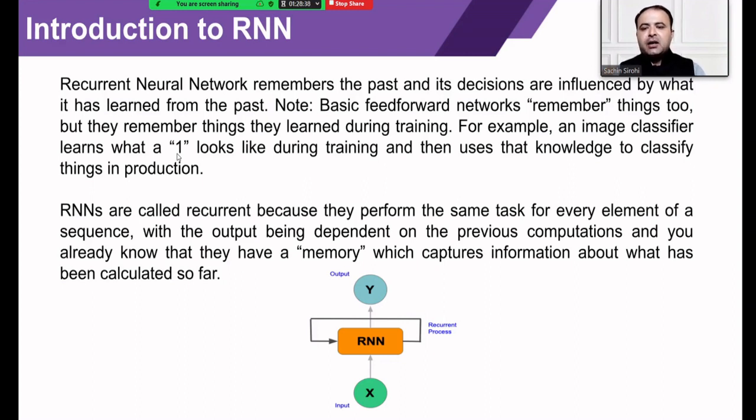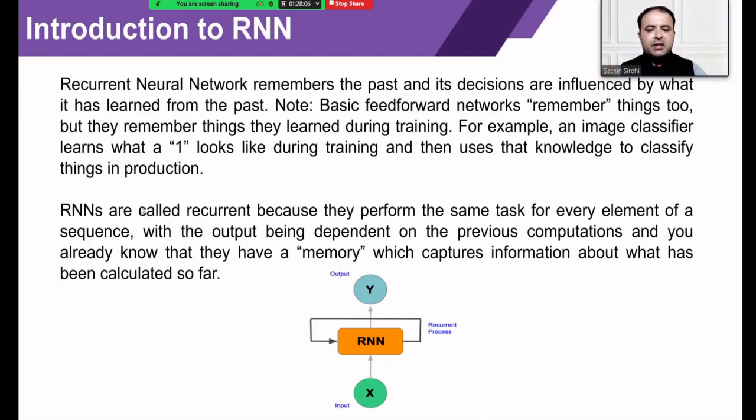RNNs are called recurrent because they perform the same task for every element of a sequence, with the output being dependent on the previous computation. And they have a memory which captures information about what has been calculated so far.